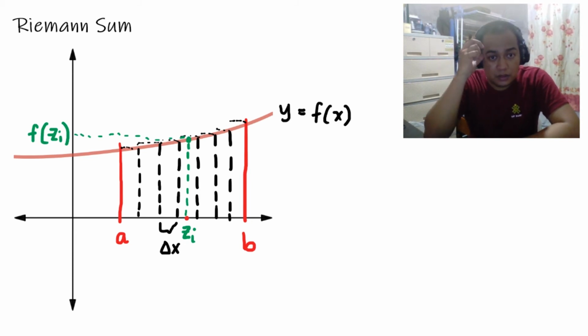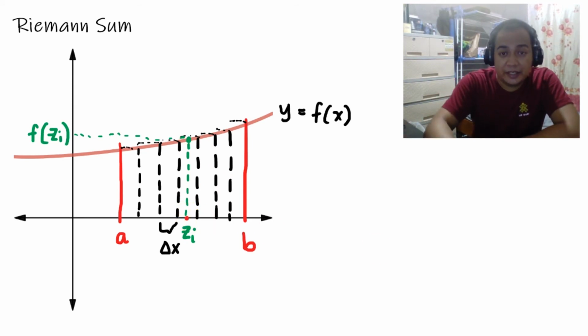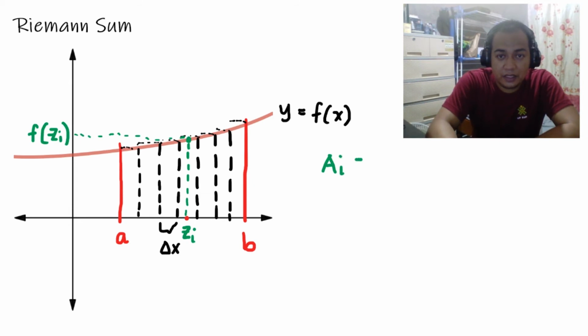Now, if you try to look at our representative rectangle, what is the area of this one? Basically, the area is equal to the base times the height. We know that the base is delta x, and the height is f of z sub i.